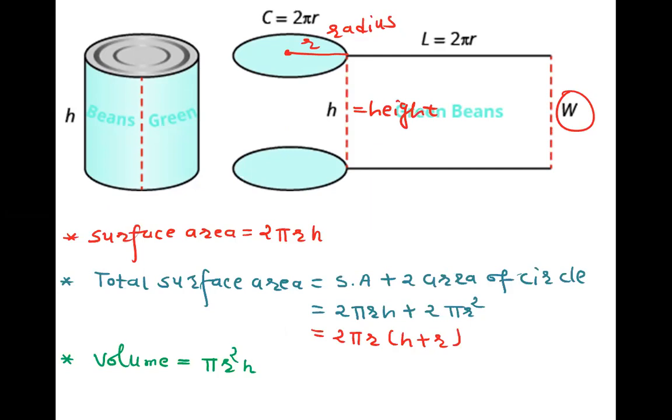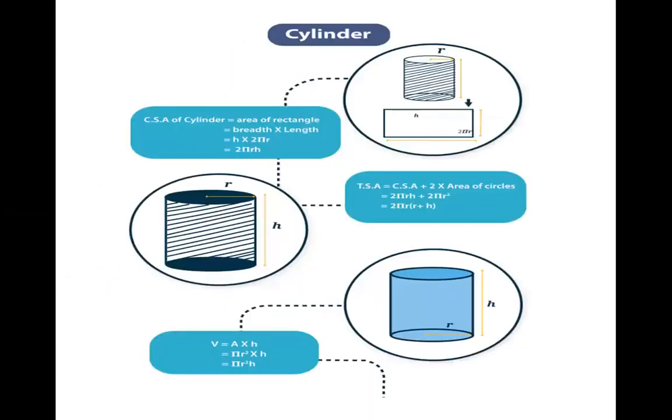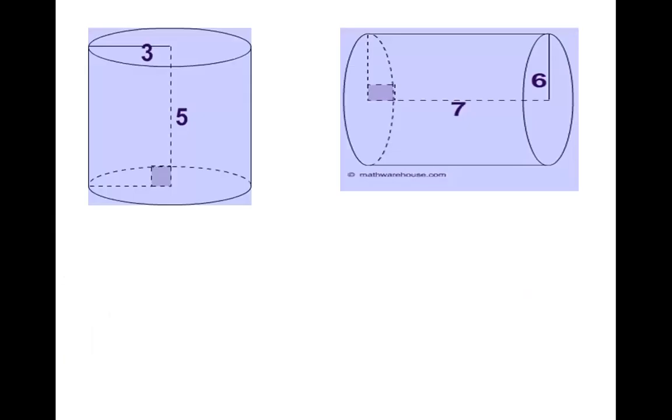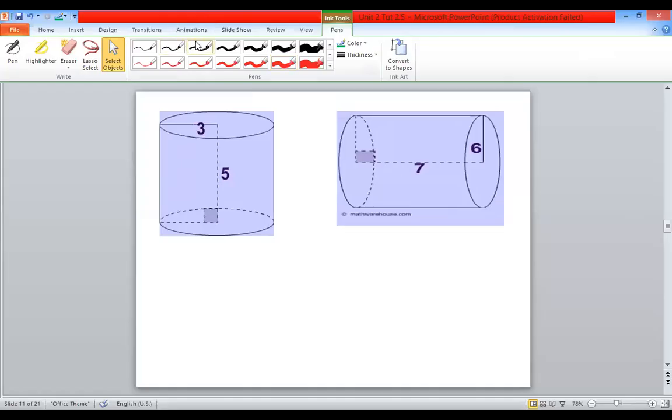So look here, what they ask you to find. Here are two types of cylinder. First of all, you can find the surface area, total surface area, and volume. So look here, the circle's part represents the radius, so it's r.